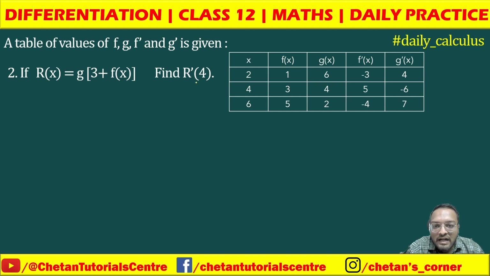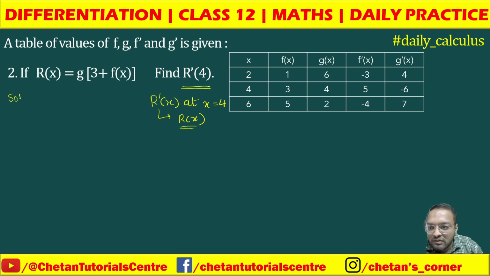So r dash of 4, what does it mean? It is the value of the function r dash of x at x is equal to 4. Now this r dash of x is the derivative of the function r of x, and this r of x is given to us in this question.